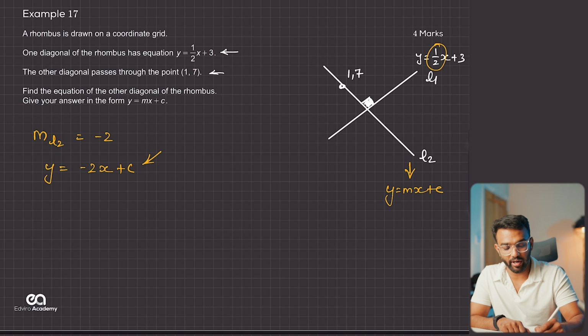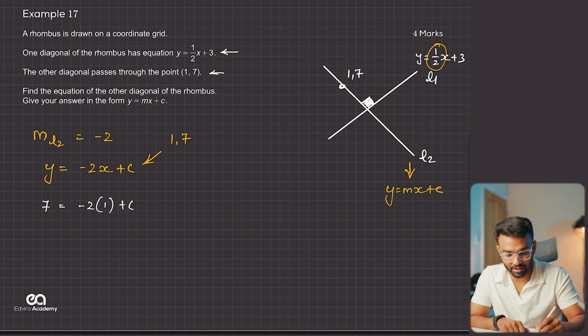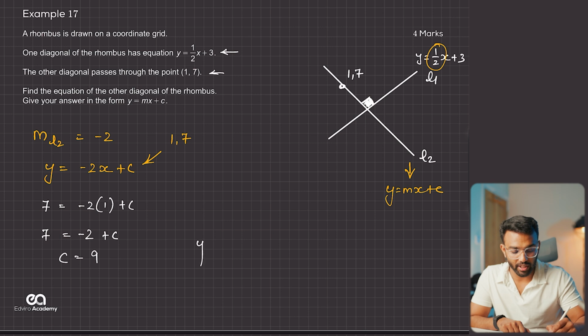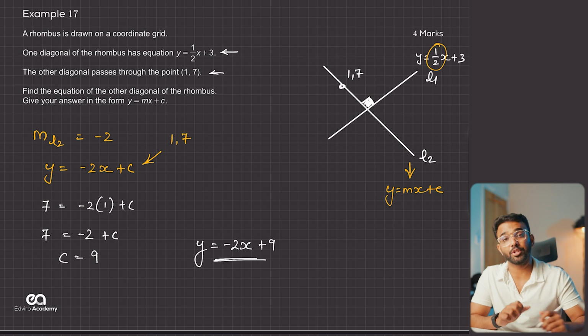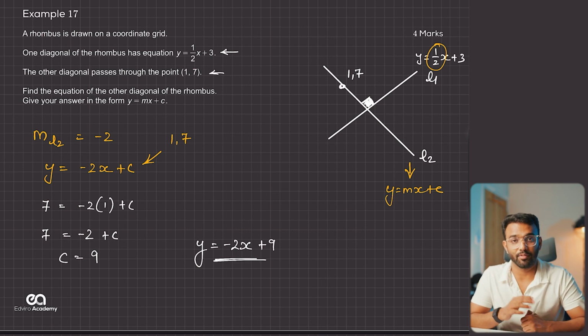And into this equation, we are substituting the point 1, 7, which will then look like 7 equals minus 2 times 1 plus c. 7 equals minus 2 plus c. The value of c is 9. So the equation looks like y equals minus 2x plus 9. And this is the equation of the other line. That's how we solve this question.